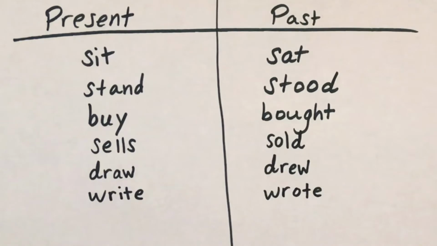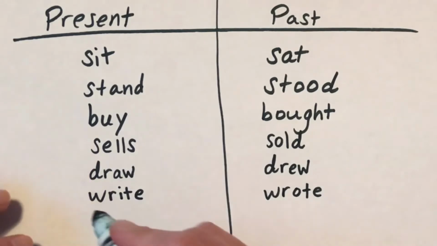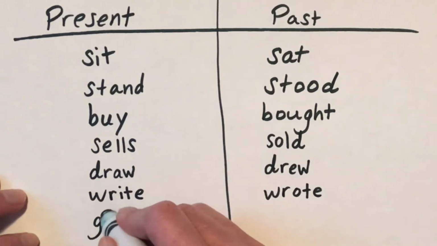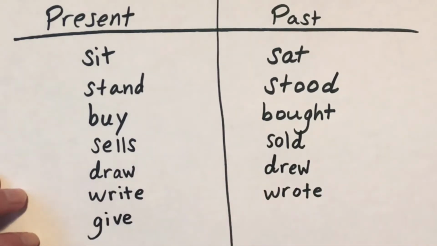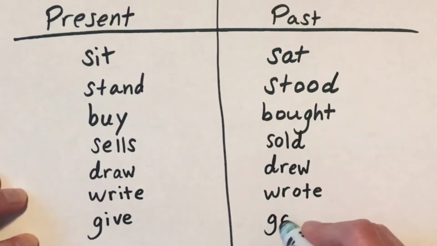Let's do one more example. After I'm finished with my picture and I write on it, I might like to give that picture to someone. The past tense of give is not gived. The past tense is gave. So I would say I gave the picture to my friend.